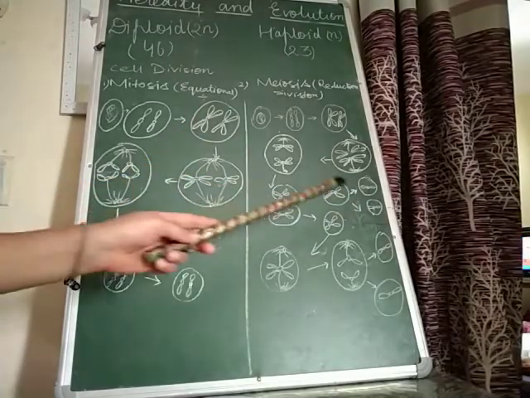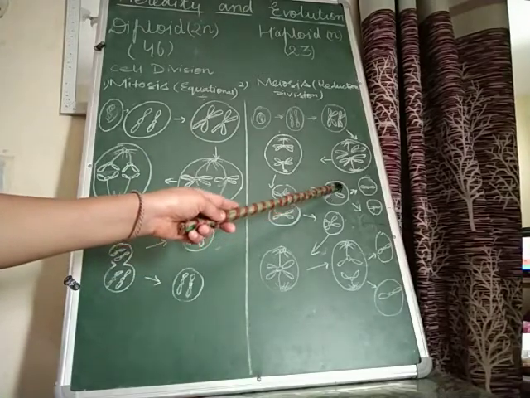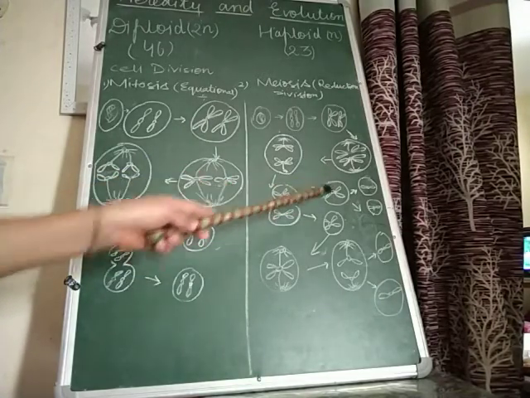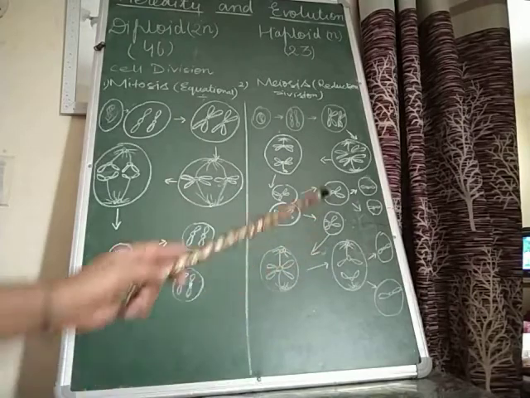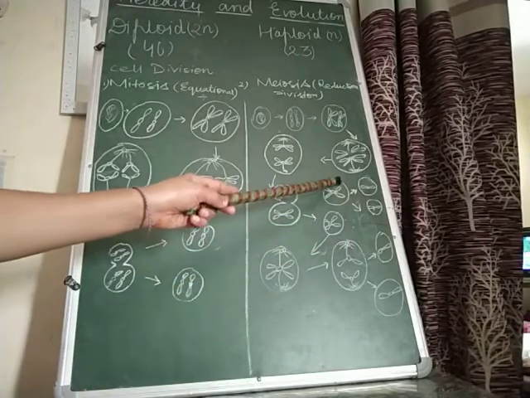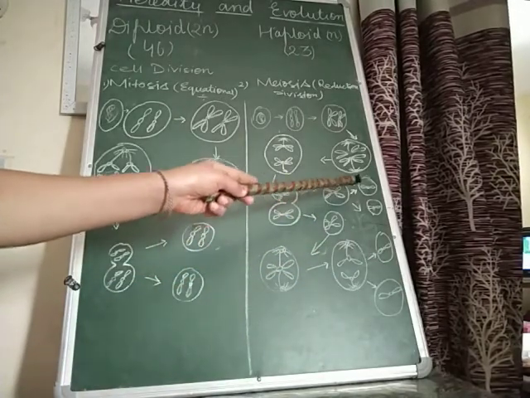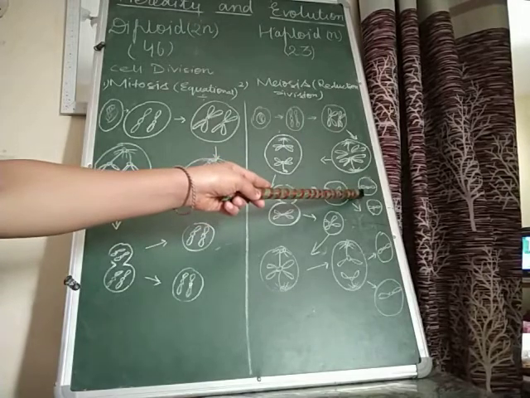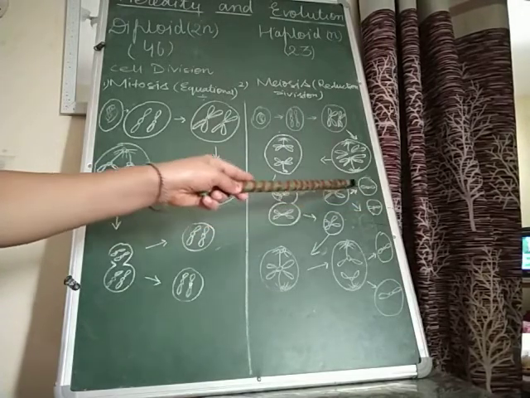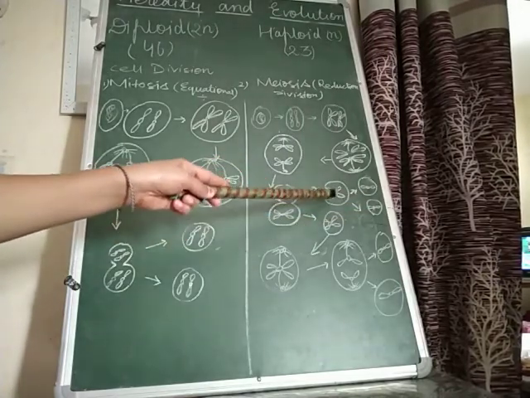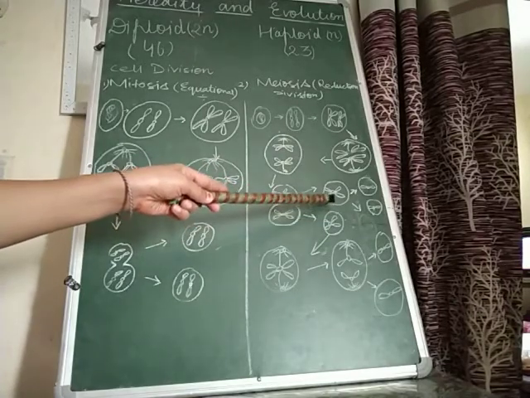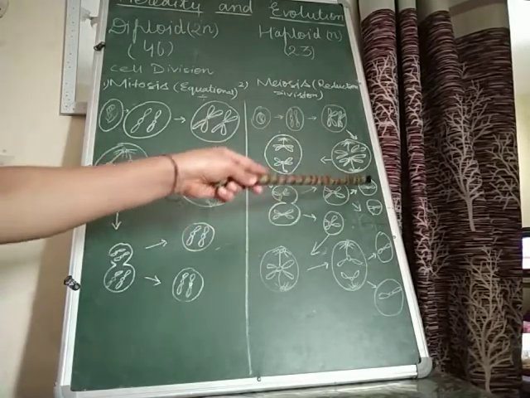Now this chromosome will be attached by the spindle fiber. Spindle formation will be there from the opposite sides, and the chromosome will split into 2. Here we have 2 cells formed, and out of these 2 cells 2 more cells will be formed.